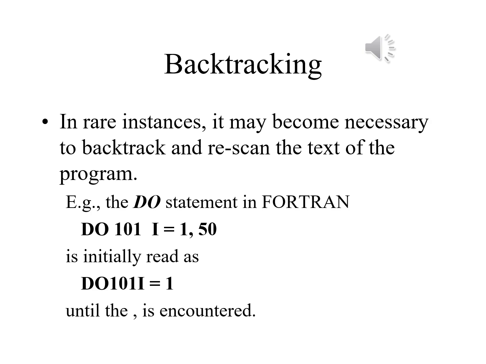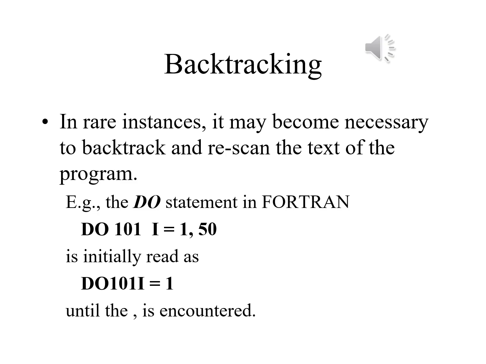In a DO statement, you would have the word DO, the statement number that is at the end of the loop, the index for the loop, an equal sign, and separated by commas, the starting value, the last value, and if there is an increment other than one, another comma, and then what that increment is.